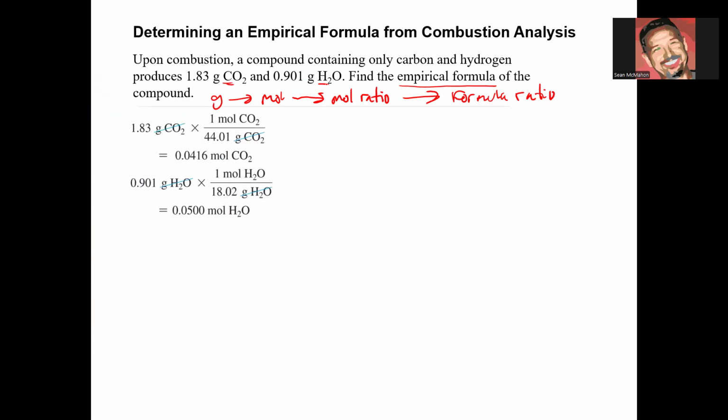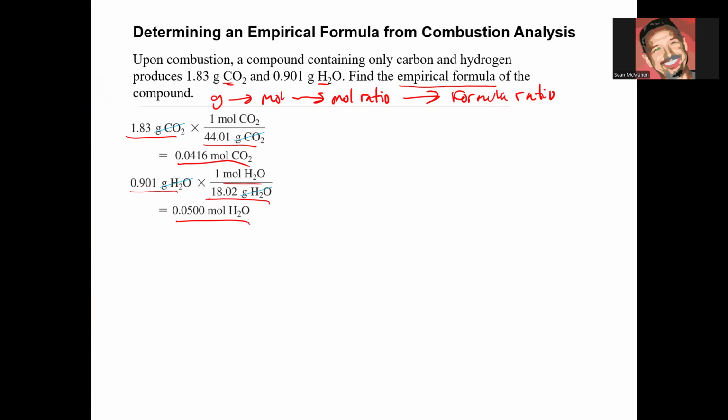But we could easily say, well, if I have 1.83 grams of CO2, and I know there's 44.01 grams of CO2 per 1 mole, I can get moles of CO2. And then I can do the same thing. I can say, well, there's 0.0901 grams of H2O. Well, there's 18 grams of H2O per 1 mole.